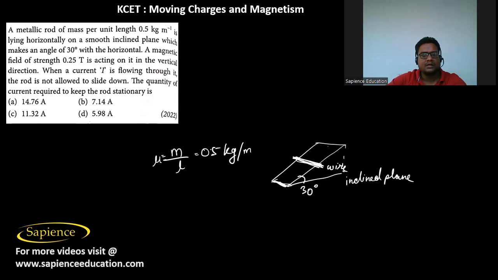Then a magnetic field of strength 0.25 Tesla is acting on it in the vertical direction.